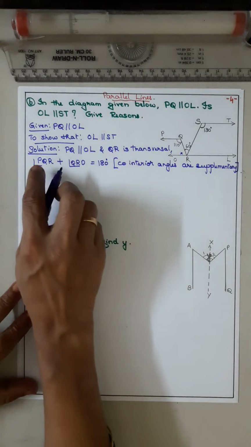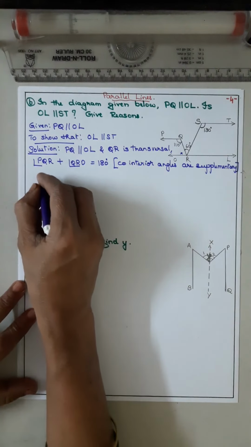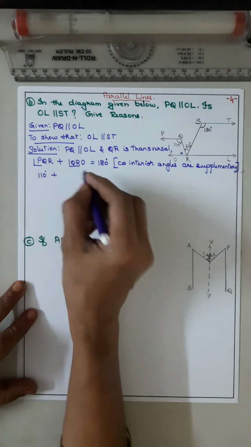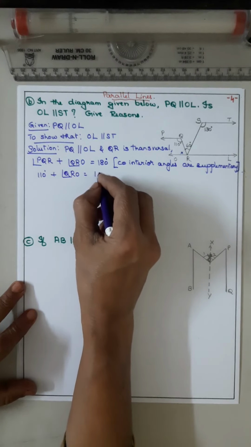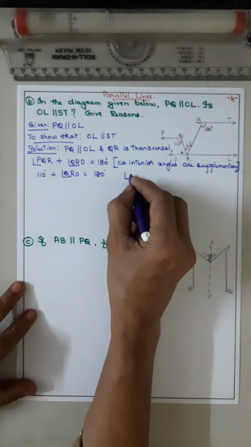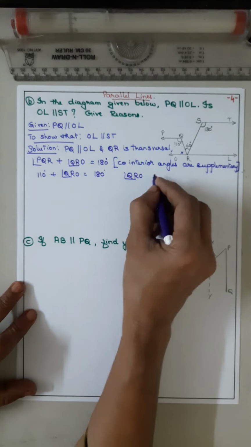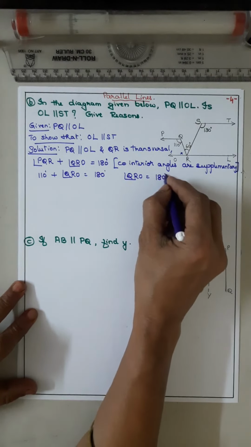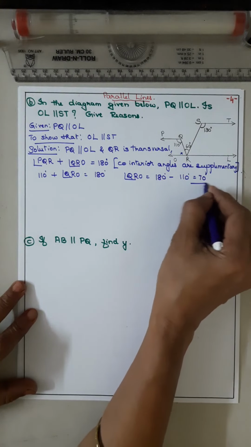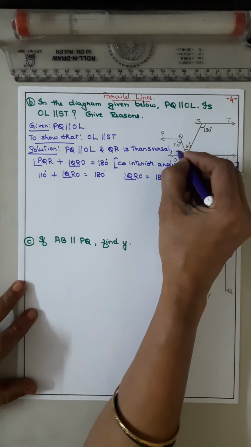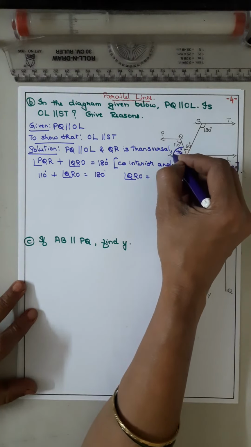Now PQR is already given as 110. Now find out QRO: 180 minus 110 is equal to 70. So, this one you got 70.